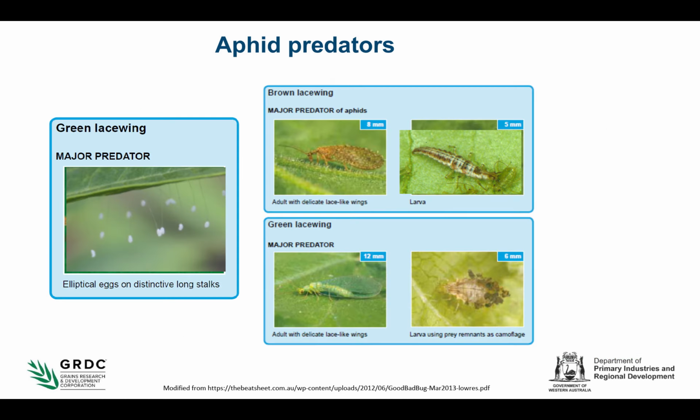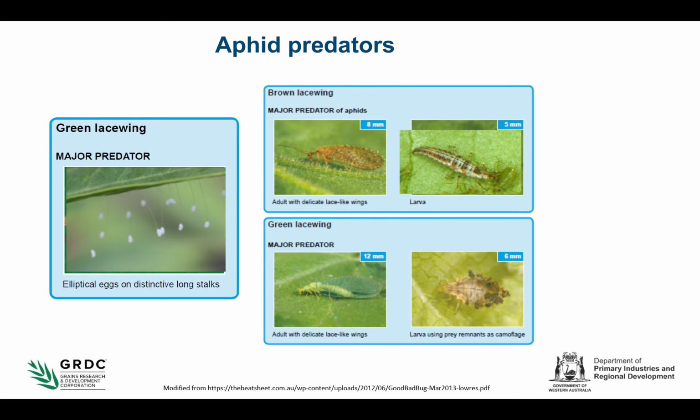Now, one of the other things, which is not seen so often, is the adult stages of the lacewings. You can see here the green lacewing and the brown lacewing. But what some people have found is the eggs of the lacewing, and you can tell they're the eggs because they've got this long stem, and at the end of the long stem is this white egg. They're very distinctive.